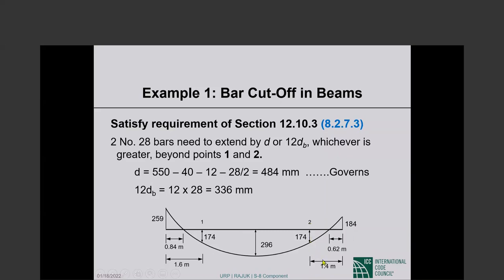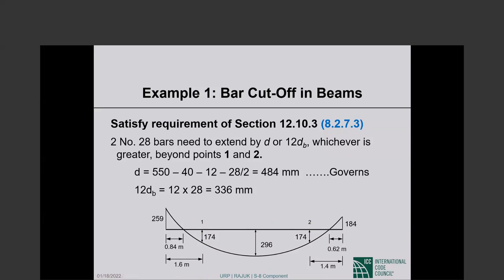This is 1.4 meters from the right hand side and 1.6 meters from the left. So 2 number 28 bars need to extend by d or 12 bar diameters, whichever is greater, beyond points 1 and 2. So theoretically, it can be cut off here and there because we have enough moment strength coming from the remaining 2 number 25 bars.